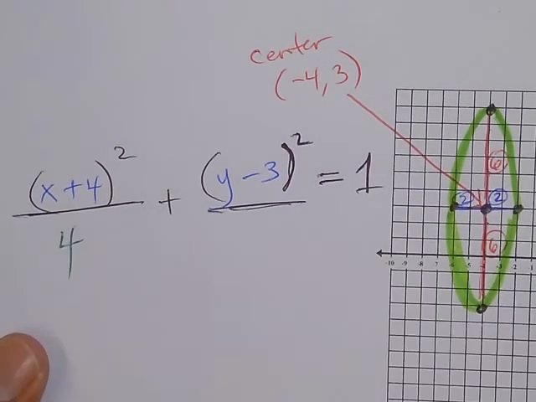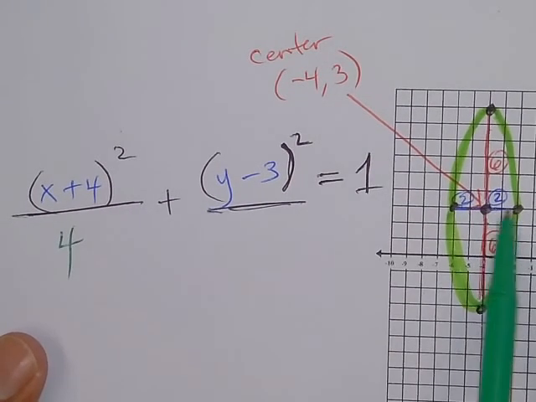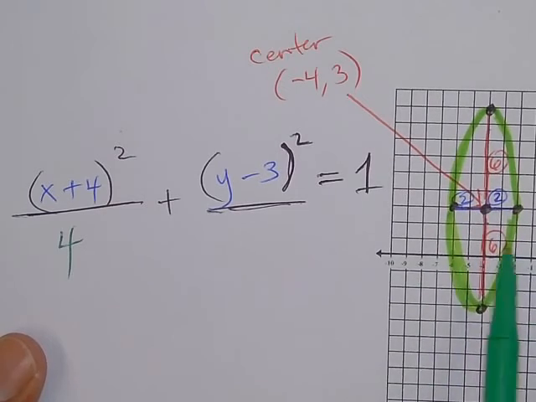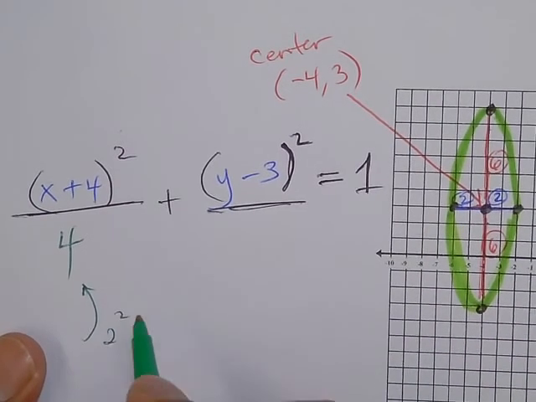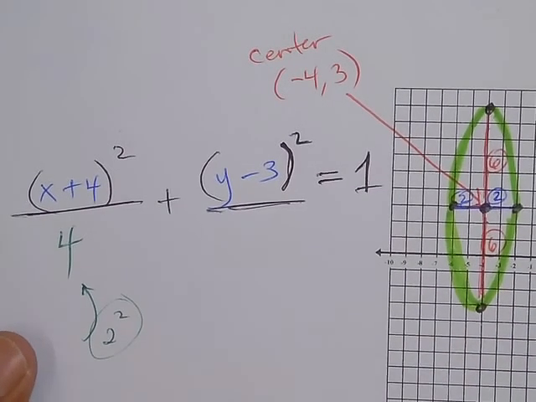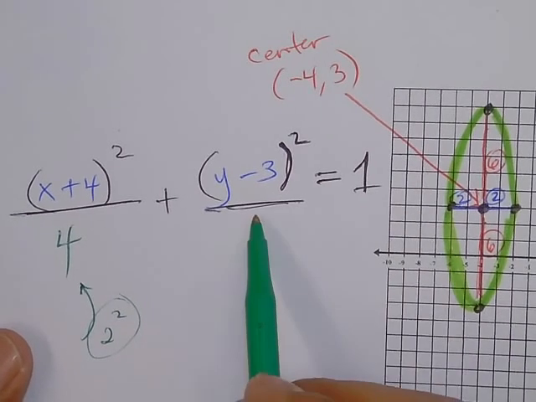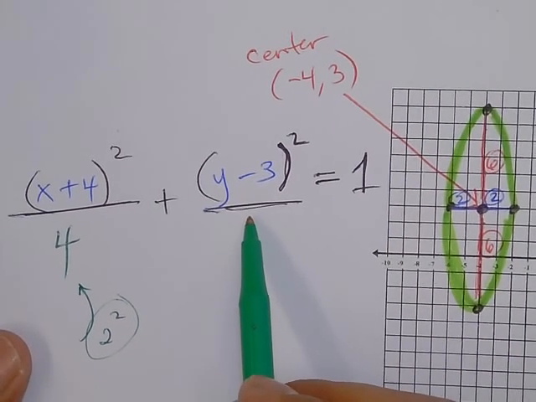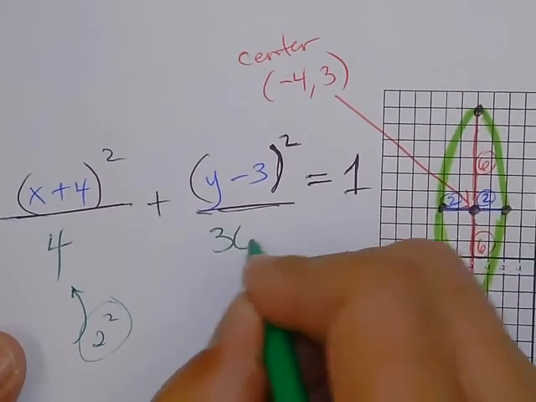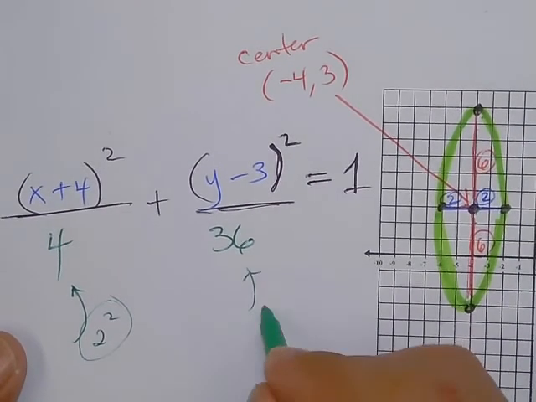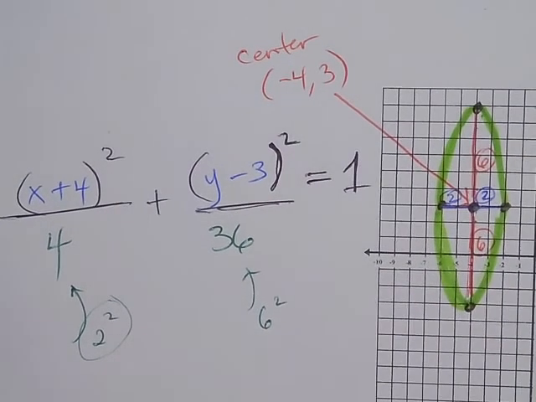And what number goes under the x or the x squared here? 4. Why 4? Well, the x displacement, x left and right like the x-axis, was 2, but you remember you got to square it. Now we're going backwards, so you got to square it. And what number goes here? 36.